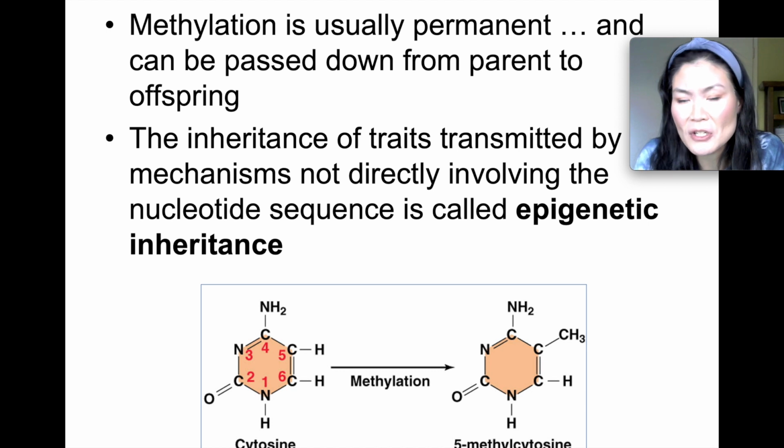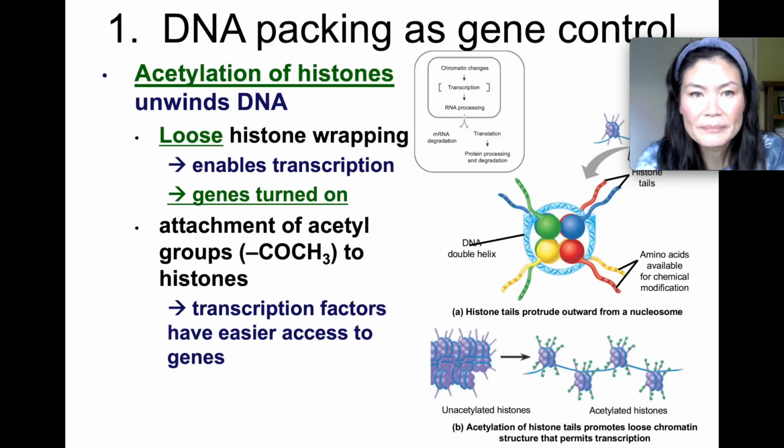This is called epigenetic inheritance, where let's say your mom or your dad had a gene that was methylated. If you inherit the methylation, then it's a type of shutting down the genes that is not directly involving the nucleotide sequence, but it has to do with shutting down the gene, and that's called epigenetic inheritance, okay?